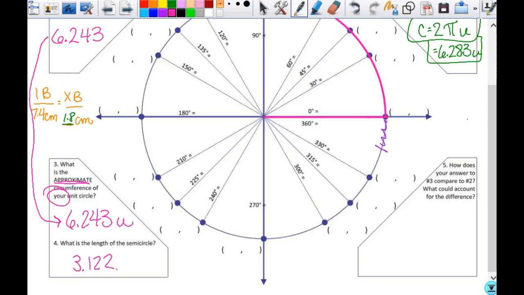So now, question 5, because I just decided we didn't need a question 4, says, how does your answer in number 3 compare to number 2? So how does this number compare to your number here? Is it pretty close? Yes. Okay, so it's close. That's all we're looking for, right? So what can account for the difference?